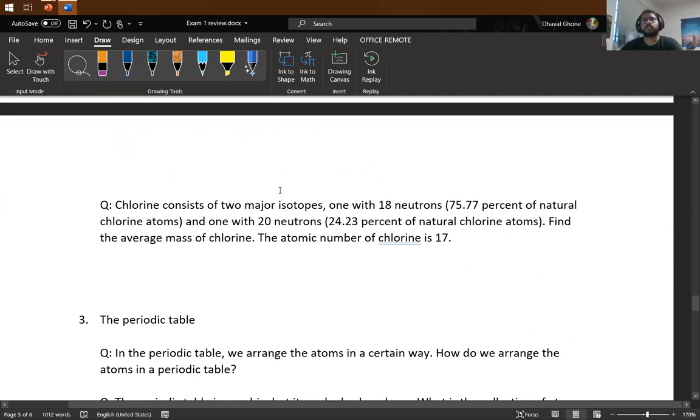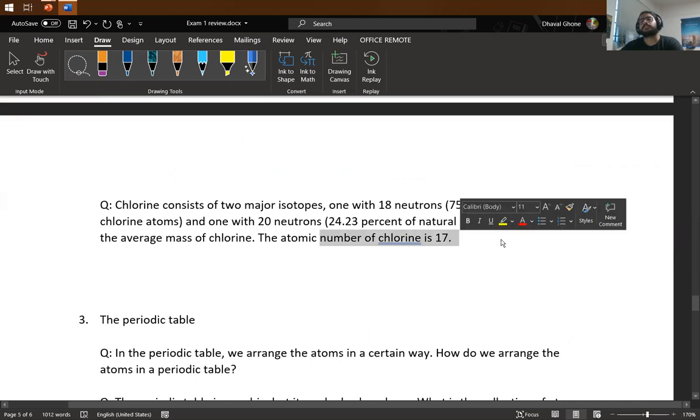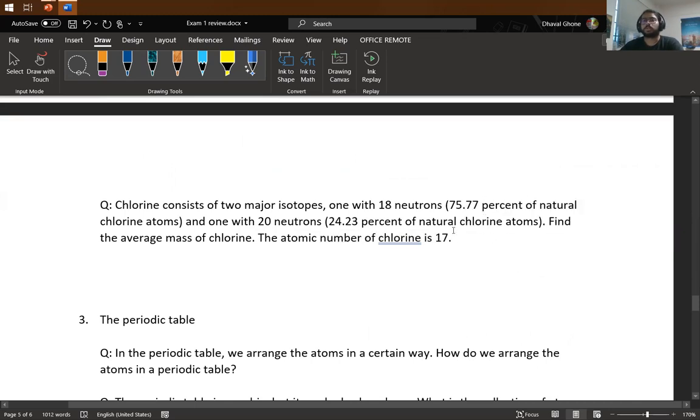So the question is, if you have two isotopes where one of them has 18 neutrons present in this amount of abundance, and the other one has 20 neutrons present in this amount of abundance, atomic number of chlorine is 17. Can you find the average atomic mass?